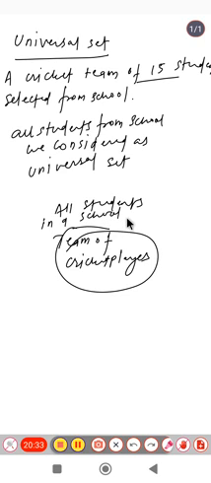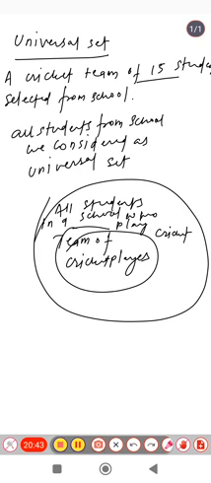So we can say that it's a universal set and we represent it by U.